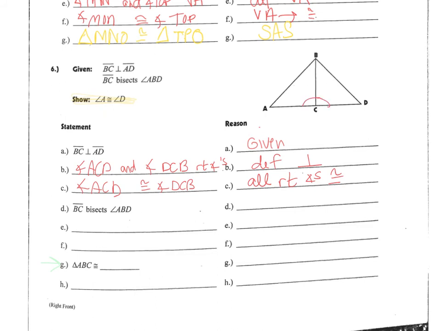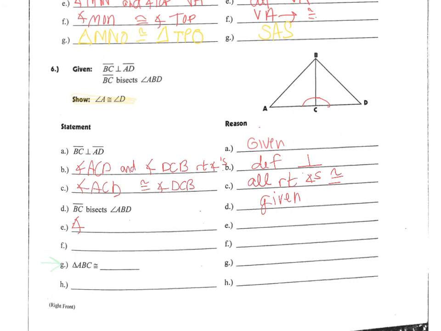All right, and so then the next piece of information is that segment BC bisects angle ABD, and that is given. And then from that, I think, well, what does that tell me? It tells me that I have angles that are congruent to each other.